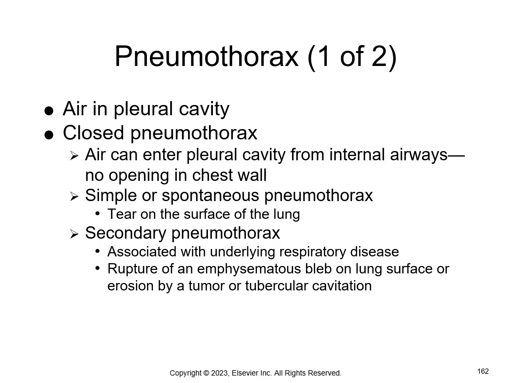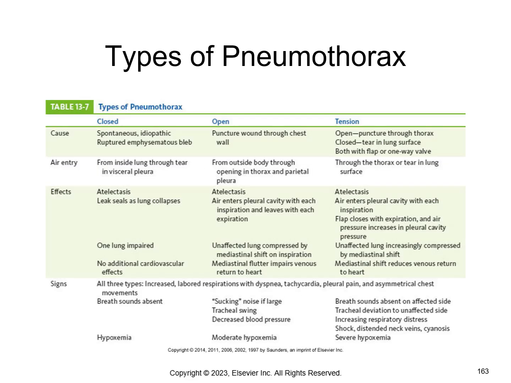We can have secondary pneumothoraxes that are associated with respiratory disease, rupture of the emphysematous bleb on the lung surface, or erosion by some sort of tumor or tubercular cavitation. Here's your types of pneumothorax. Tension is usually going to be an emergency, and then you have opened or closed. Look at them, know what the differences are. What would they look like?